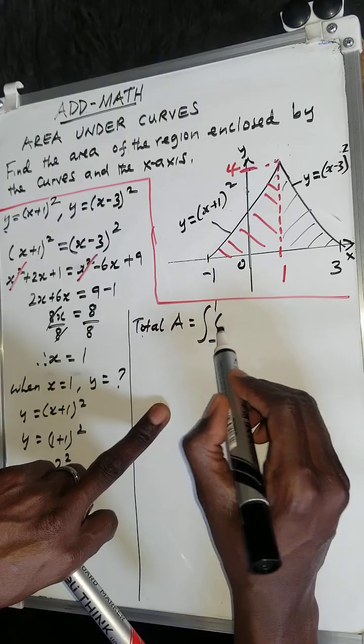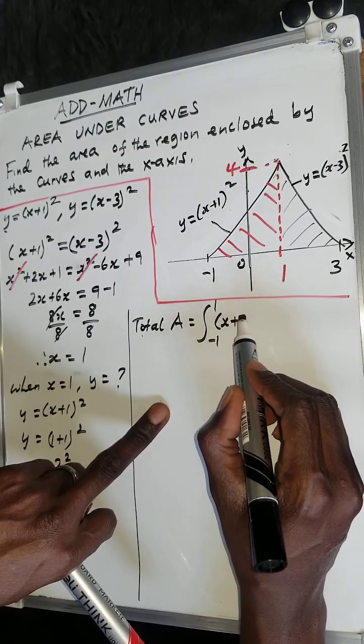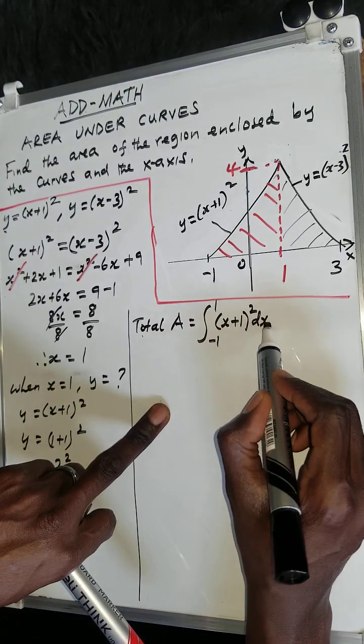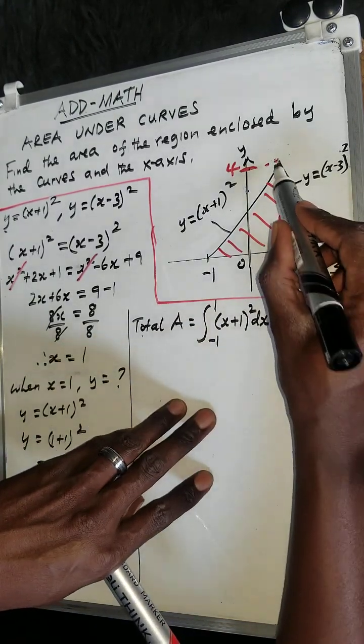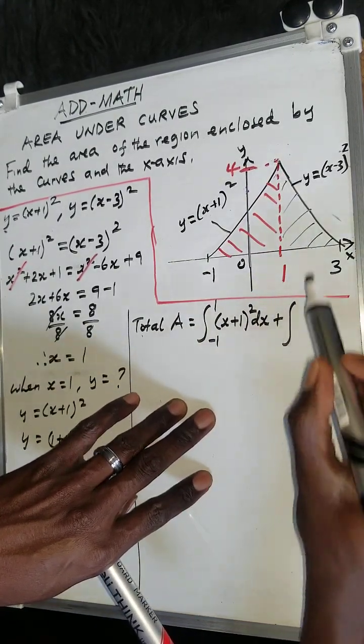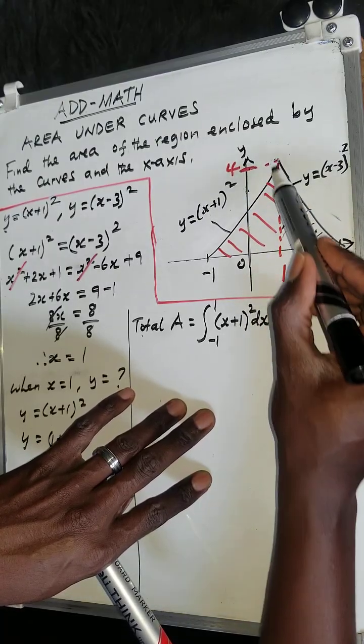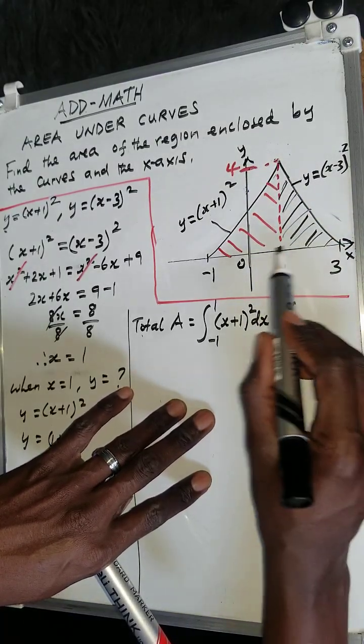What's the equation for this curve? It is (x+1)^2 with respect to dx, plus you are going to add again the integration of the area in black, the one that I've actually put up in black, because it's a different curve. And what will be the limits?